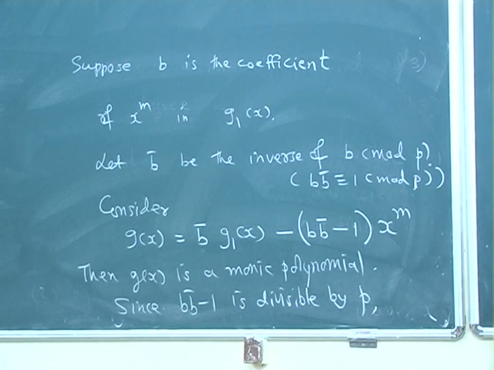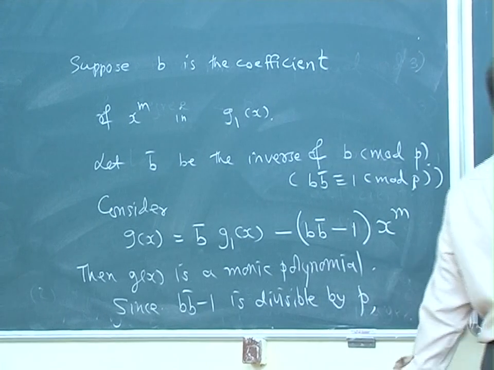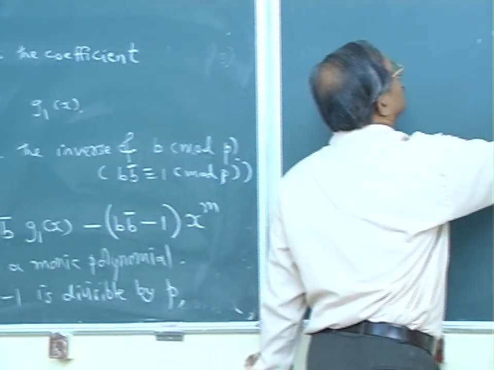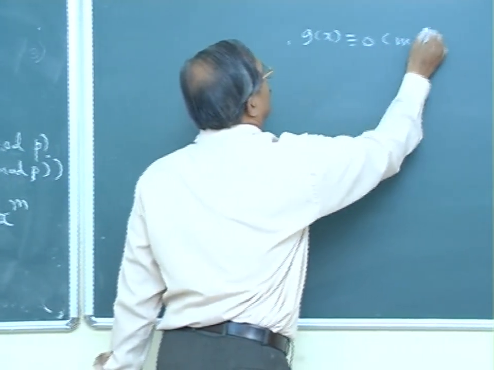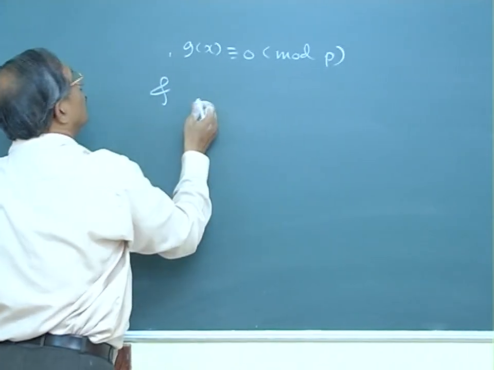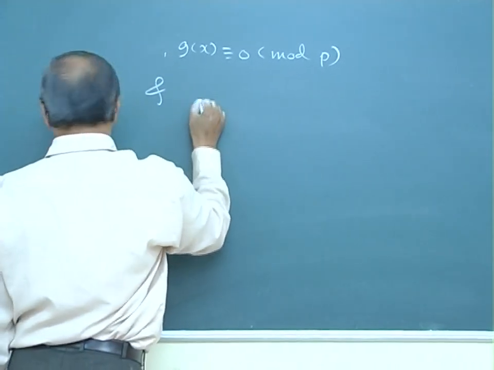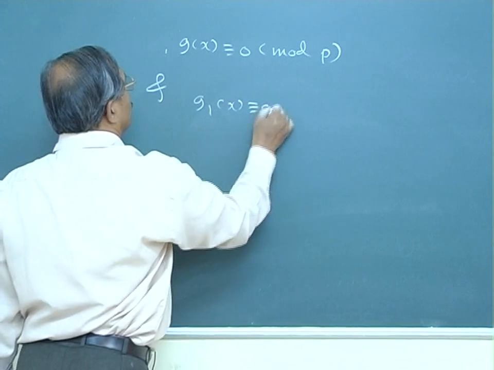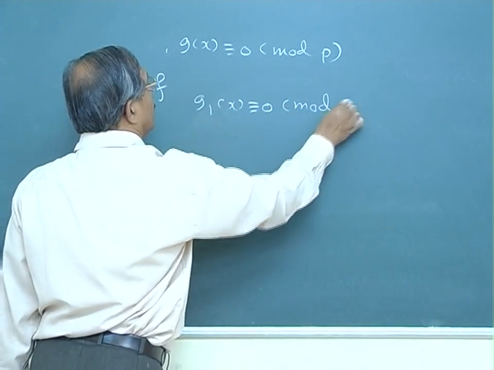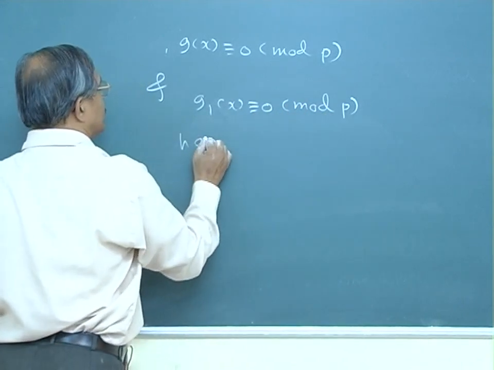Solutions in the sense of roots. g(x) congruent to 0 mod p and g1(x) congruent to 0 mod p have the same solutions.